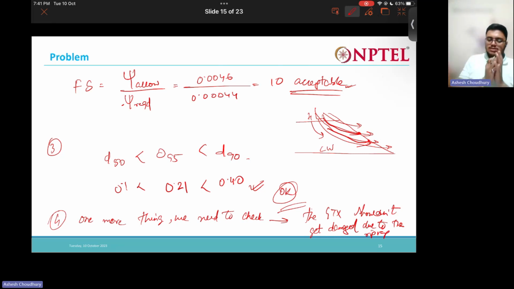Reefs are huge size boulders, right? So you are placing the geotextile beneath the reef. The reef should not puncture through the geotextile, it should not damage the geotextile. That we have to ensure.